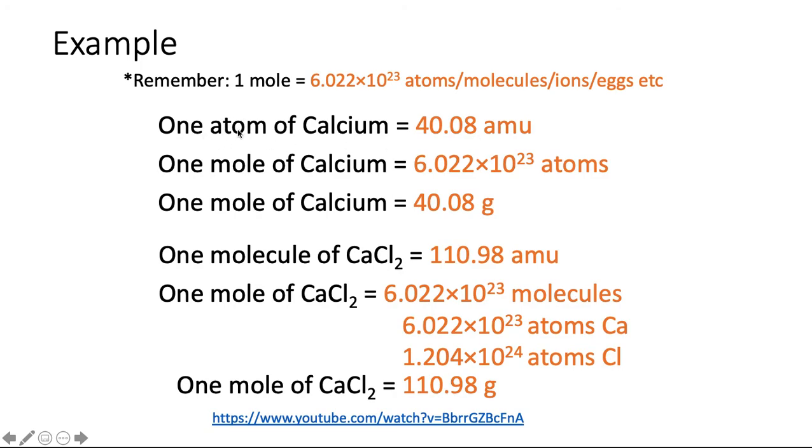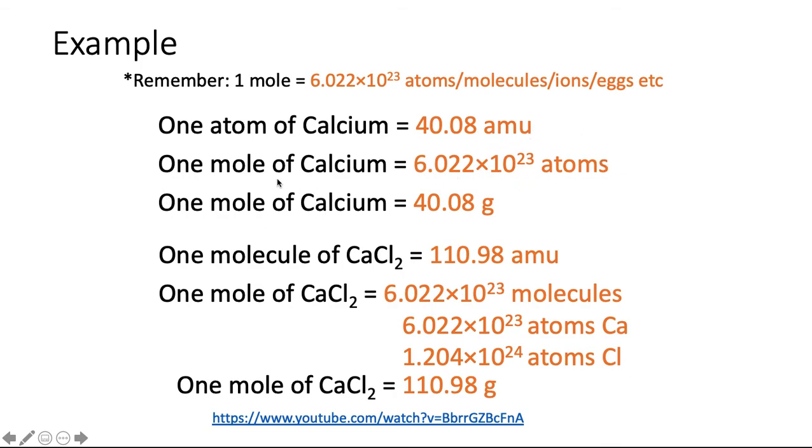So 1 atom itself weighs 40.08 AMUs, atomic mass units. But if I'm looking at 1 mole of calcium, which is 6.022 times 10 to the 23rd atoms of calcium, right? I have 1 mole of calcium, which is 6.022 times 10 to the 23rd atoms.